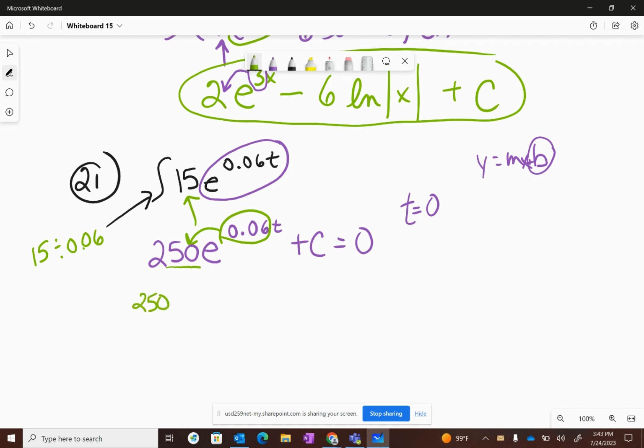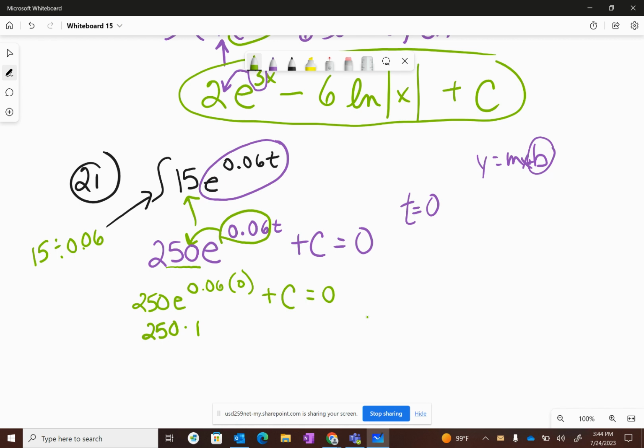We have 250 e to the 0.06 times 0. Remember, I'm putting 0 in for t, plus something equals 0. So when you make e to the 0, because this is going to equal 0, that equals 1. Your calculator will tell you that if you don't remember.